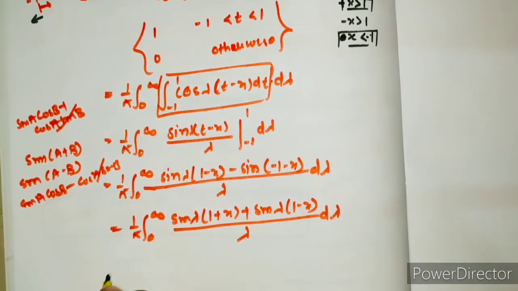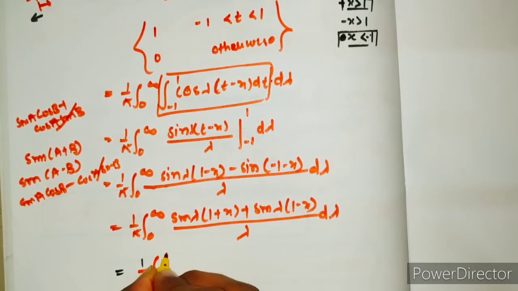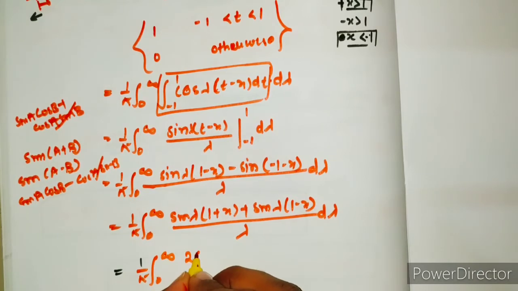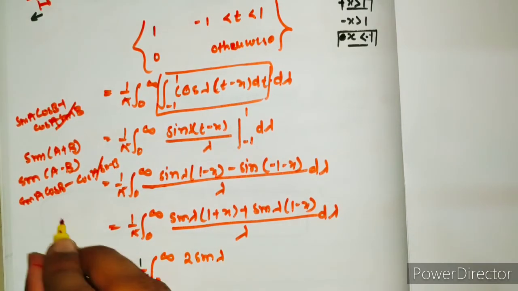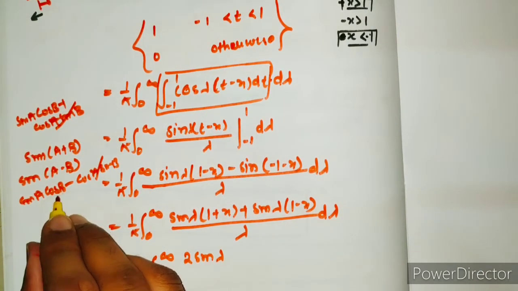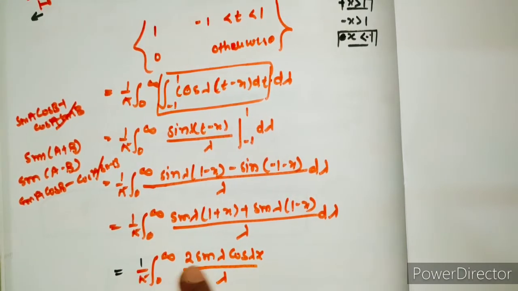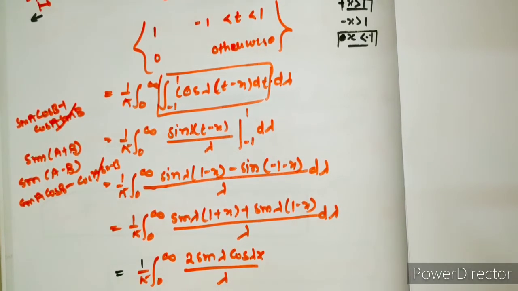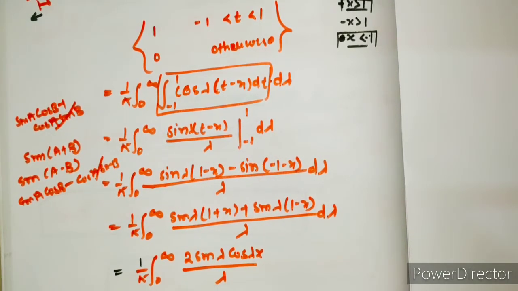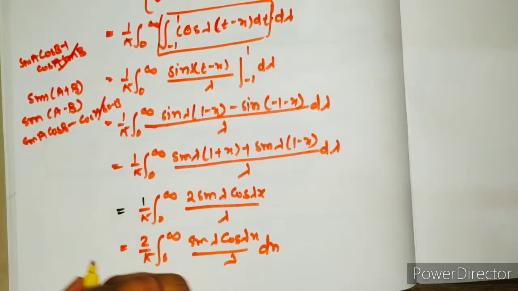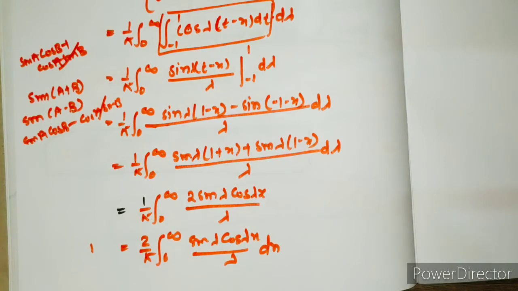So it is the same as 1 upon pi, integral from 0 to infinity of 2 sine lambda and cos lambda x upon lambda. Taking the constant term, 2 upon pi, integral from 0 to infinity of sin lambda cos lambda x upon lambda d lambda, and f(x) is 1.